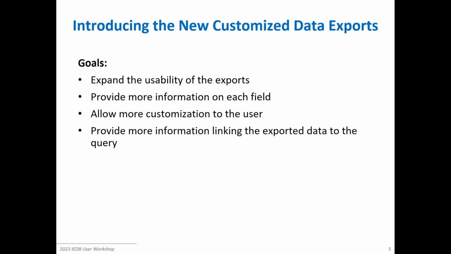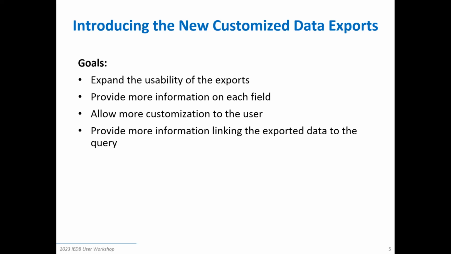So with that in mind, we decided to develop this new customized data export feature, which greatly expands the usability of the exports to include a lot of those shortcomings that the previous versions had. It gives much more information on each field.